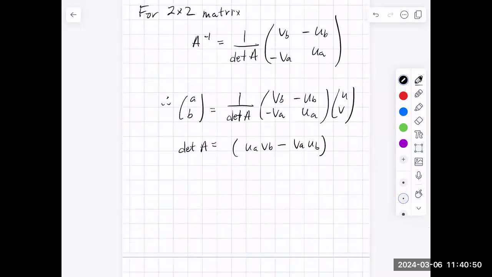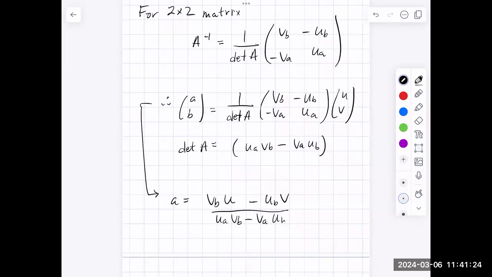So let's see, we could just do this matrix multiplication and solve for A. So A must be equal to what? VB times U minus UB times V, and then we have to divide by the determinant, UAVB minus VAUB.